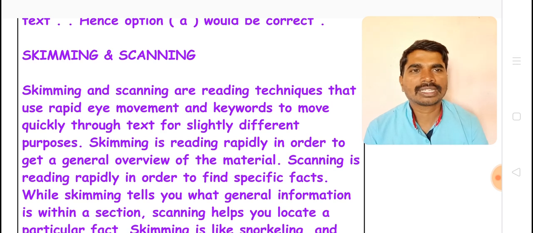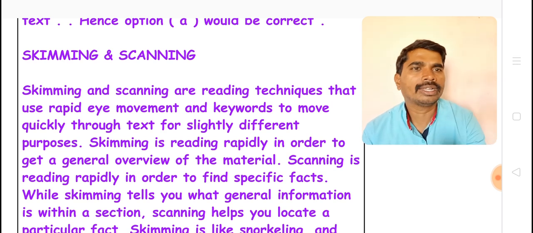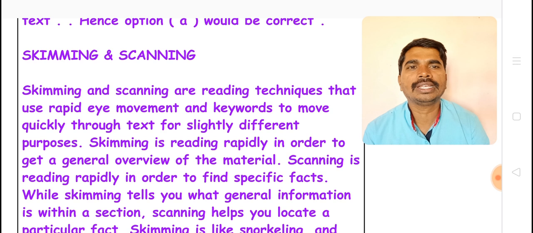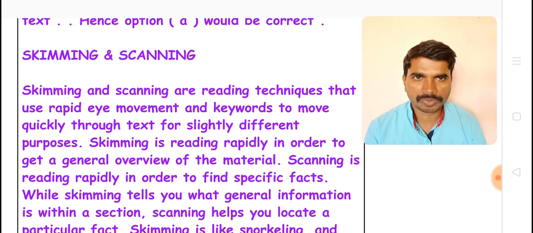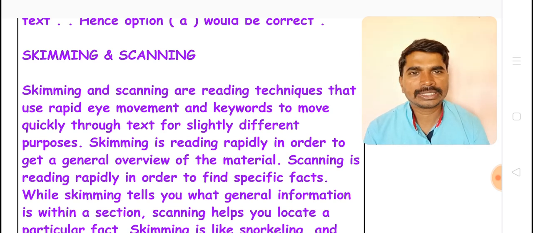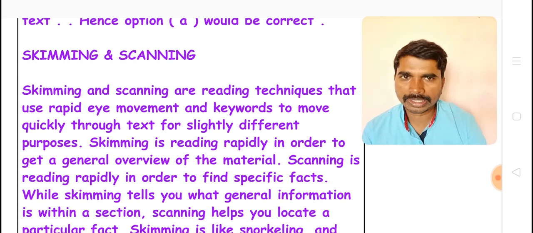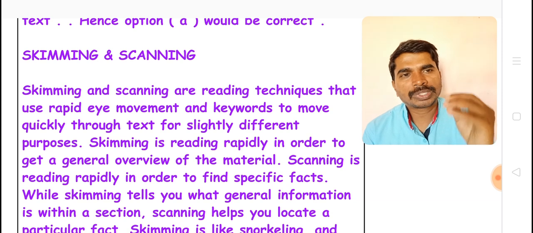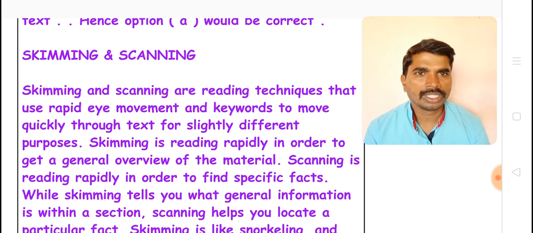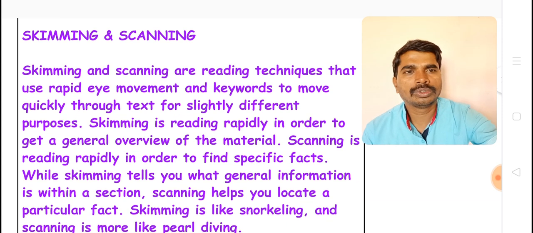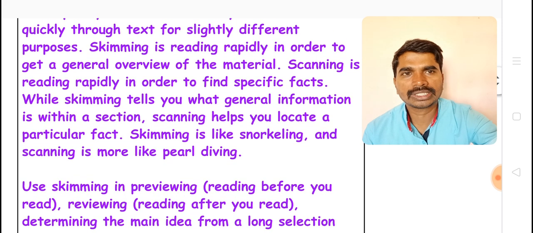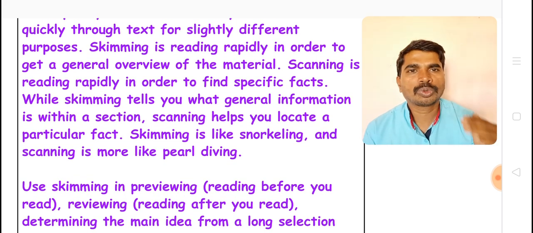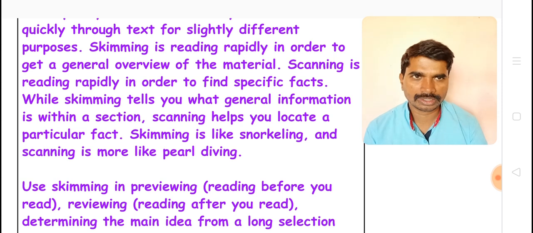Skimming is a reading which happens rapidly to get the general overview, whereas scanning is a reading technique where we find specific facts. While skimming helps you to get the general information within a section, scanning helps you to locate the particular fact.